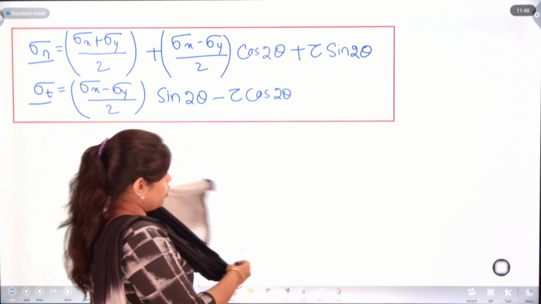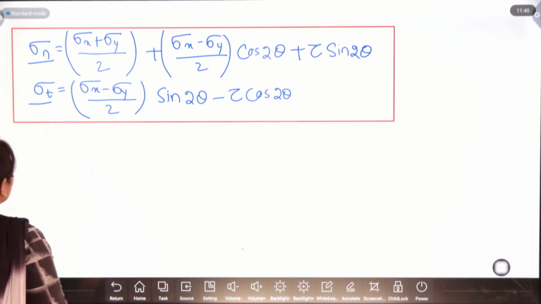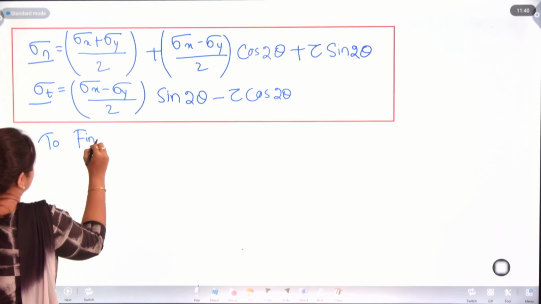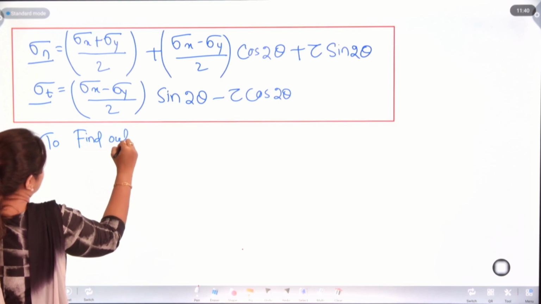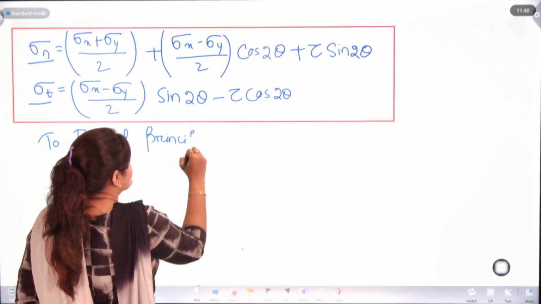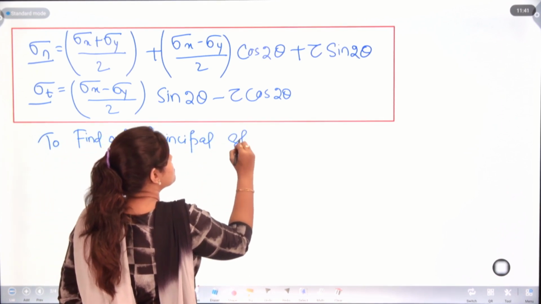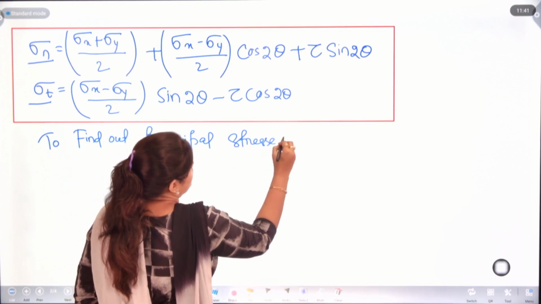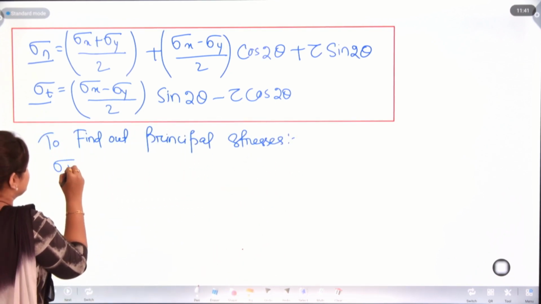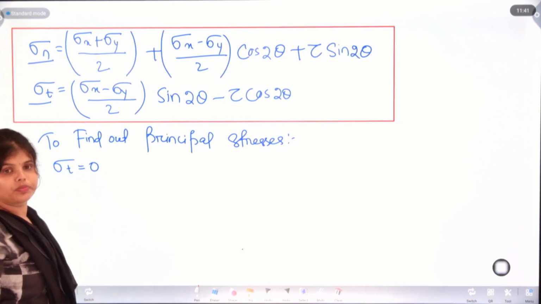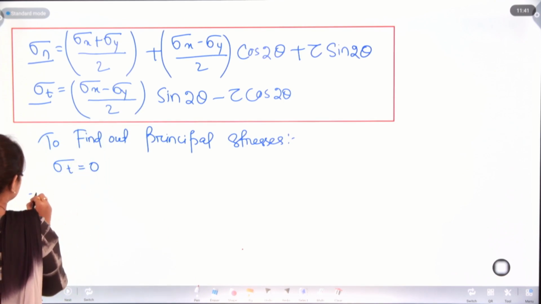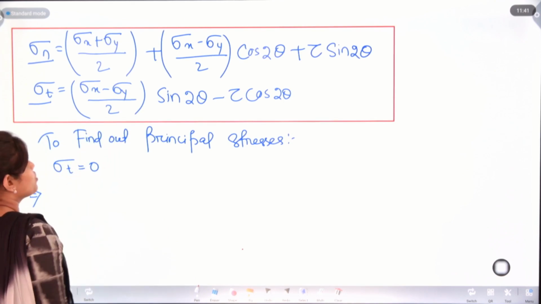To find out principal stresses, we need to put sigma t equals to 0.